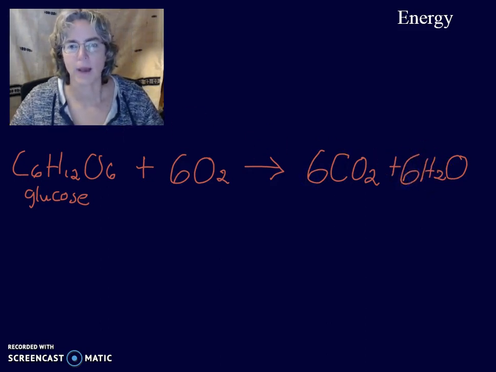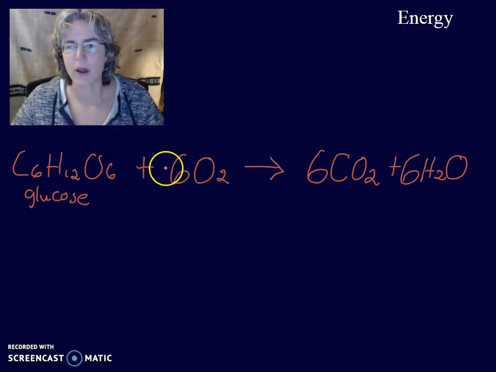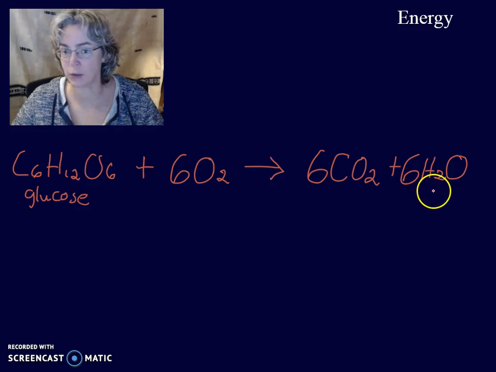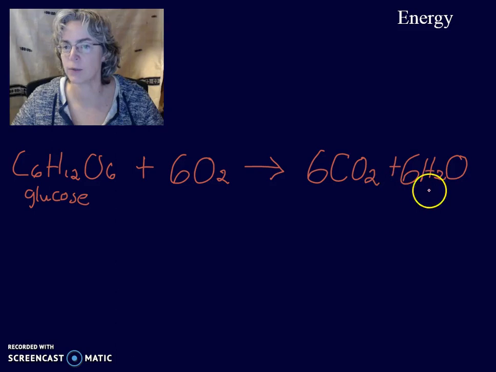That's better. Okay, so it's a balanced equation. What I was doing was balancing the equation. So you want to make sure that you have the same number of carbons on this side as you do on this side, which we do, same number of hydrogens on this side as you do on this side, which we do, and the same number of oxygens on this side as we do on this side.